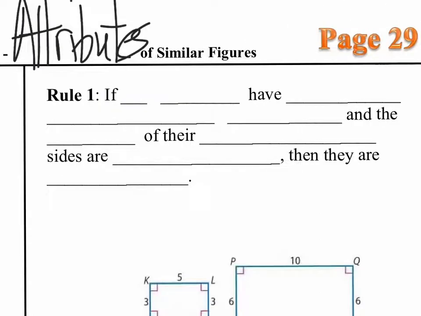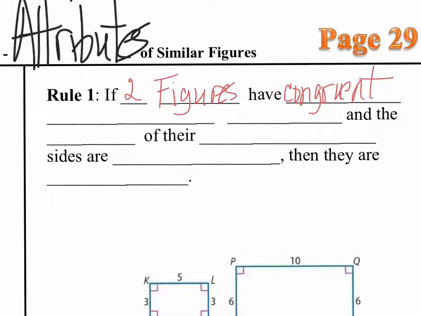Rule number 1. If two figures have congruent, and what does congruent mean? That is correct.